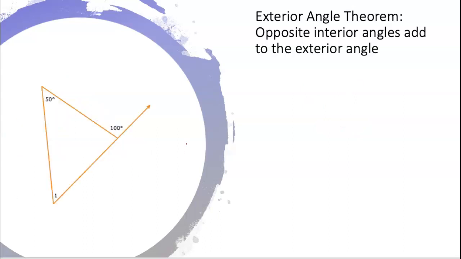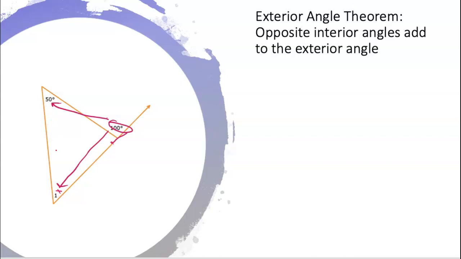So look here. See my tail here? It's going out from, okay, so this makes this my exterior, this is my outside. That means that I can add 50, and now this is weird. See how it has a 1 there? That's just angle 1, that's just a name. So I could actually just think about that as an x.